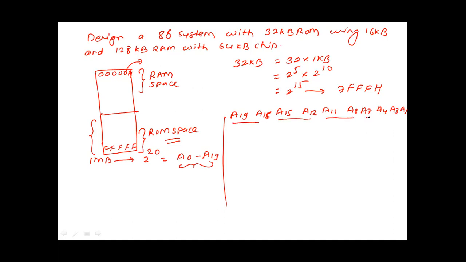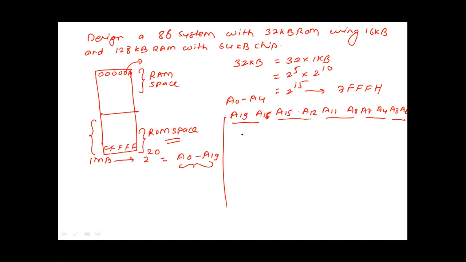The starting address in case of RAM would be 00000. The final address, if you consider 32 KB, will require 15 address lines, so for 32 KB the address lines used would be A0 to A14.